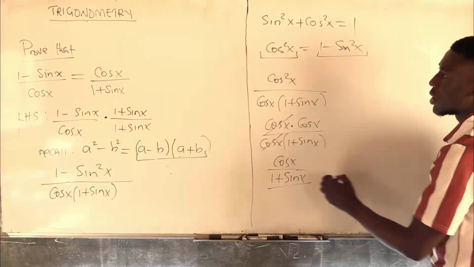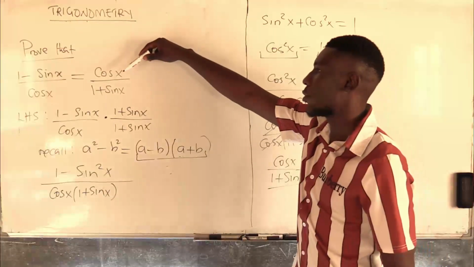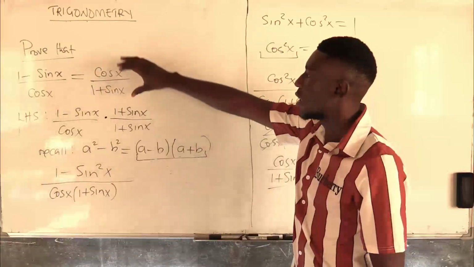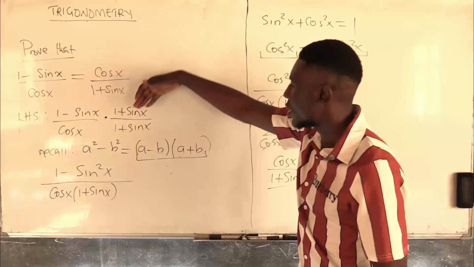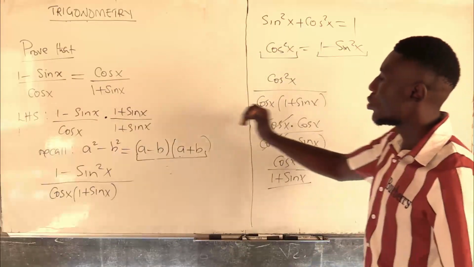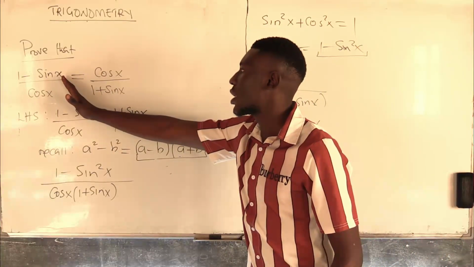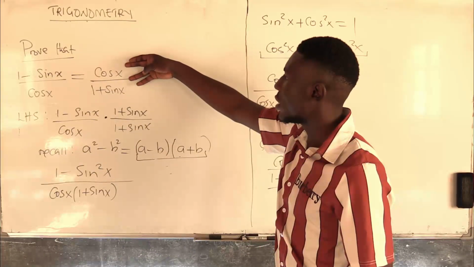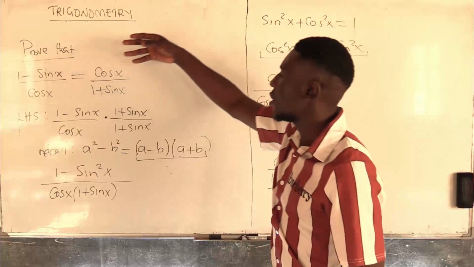And this is the result on the right hand side. So like I said, don't forget the right, work it out using the same process, we're going to get what's on the other side. Since we worked with the left, the end result is the right.